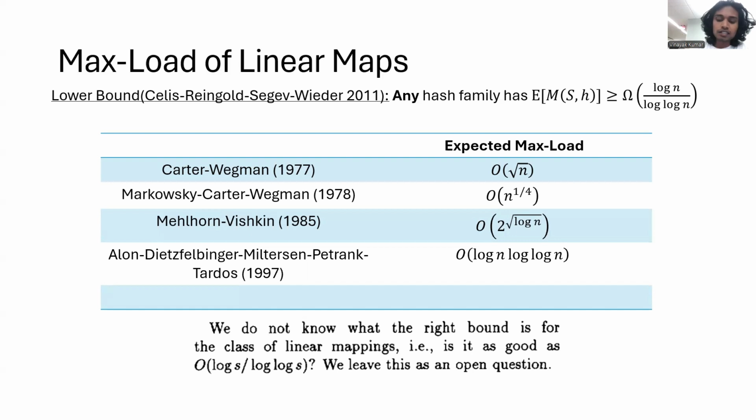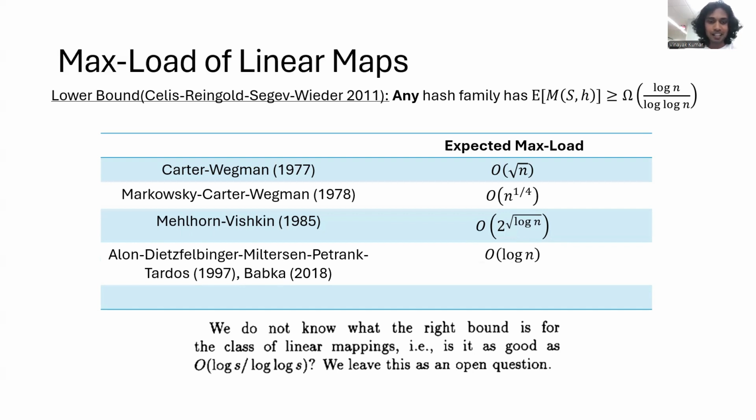And surprisingly, there hadn't been much progress since then, with the exception of a note posted on arXiv in 2018, where Babka showed that if Alon et al. had set parameters better, they could have actually gotten a log n max load. So maybe you'll ask, can you set parameters even better to get a log n over log log n max load?